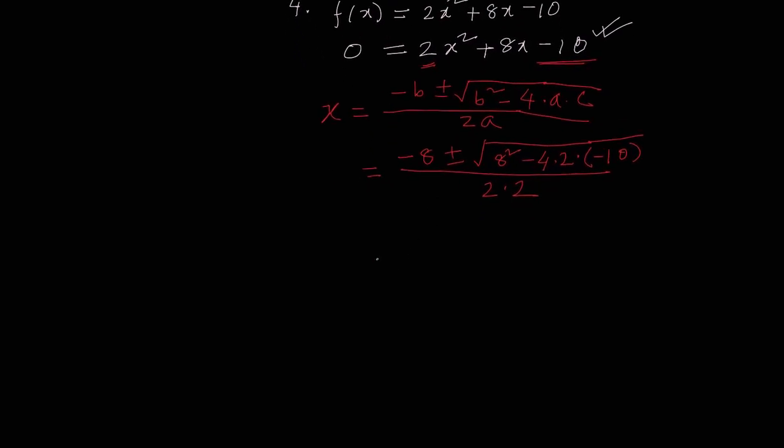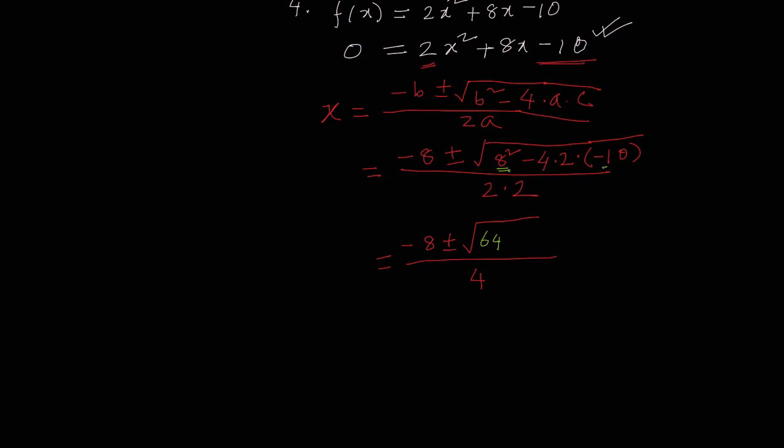So let us see our results. In the denominator I have 4, and then negative 8 plus minus square root. So let us see 8 square. Let me use another color. Here I have 8 square, which is actually 64. Now here I have negative 4 multiplied by 2, so negative 8.